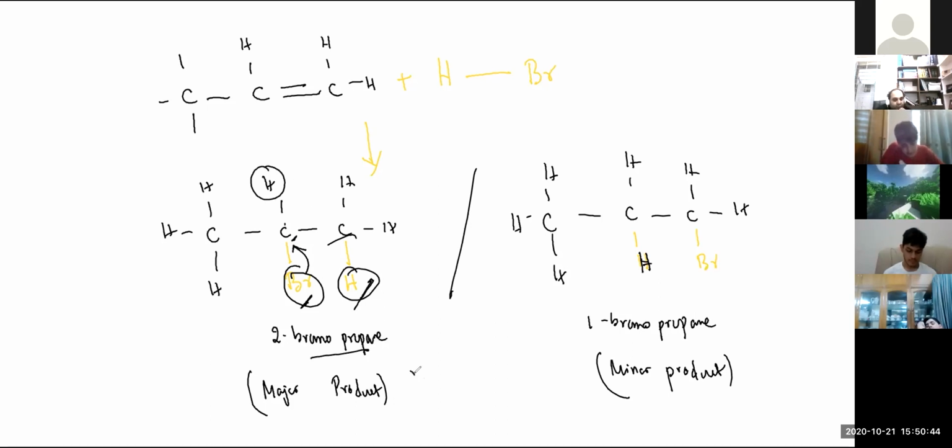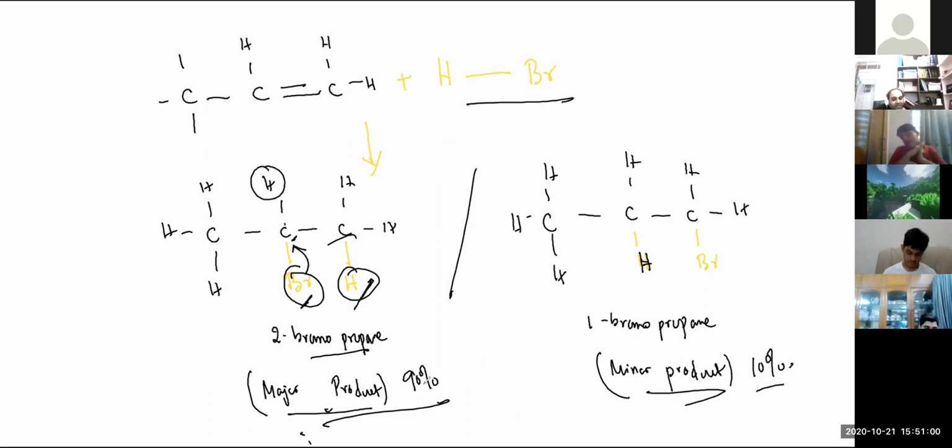So here the major product is 90%, minor product is 10%. So when you add a hydrogen halide to a propene, you get a mixture of a major product and a minor product. Major product is 90%, minor product is 10%.